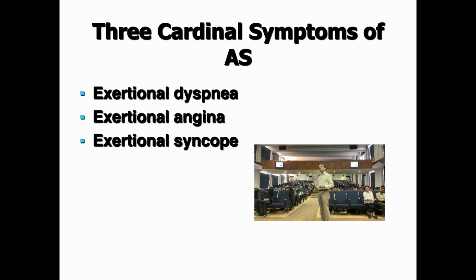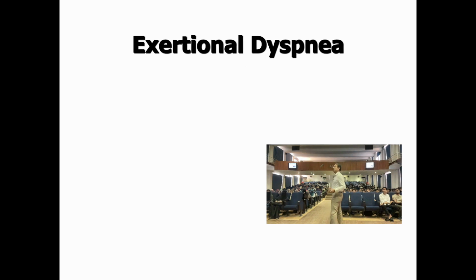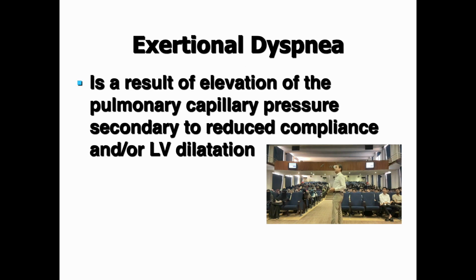Now, why does exertional dyspnea occur? When there is high pressure in the LV, there is going to be high pressure in the LA. The LA has to push against a high pressure in the LV, so the LA pressure starts rising. The pulmonary veins do not have any valve, so the LA pressure is transmitted back into the pulmonary veins.